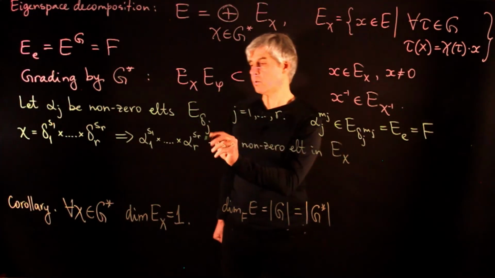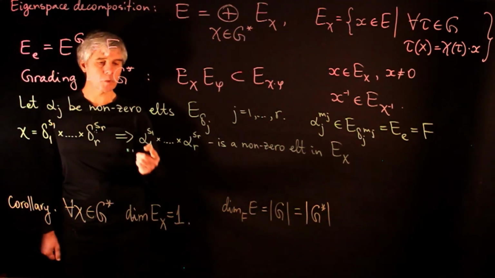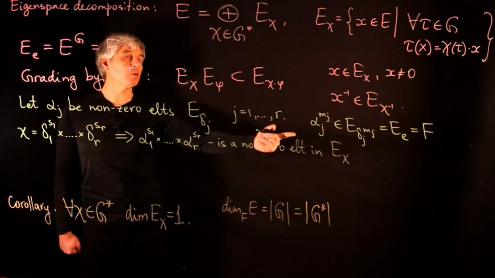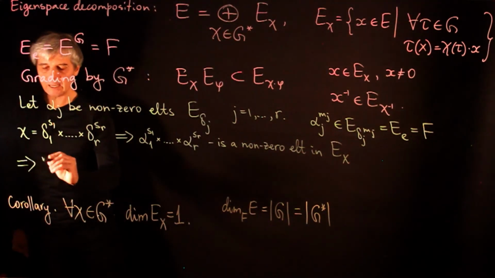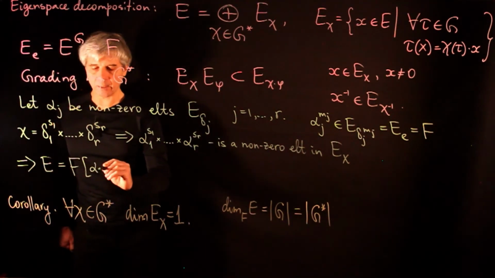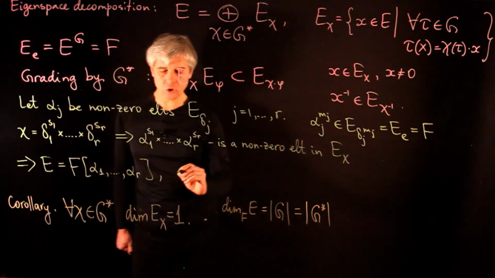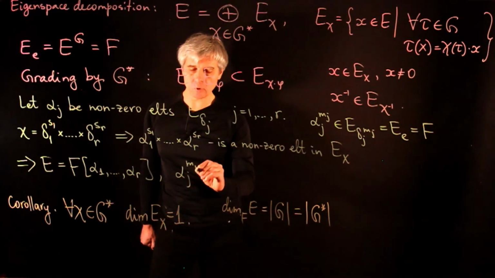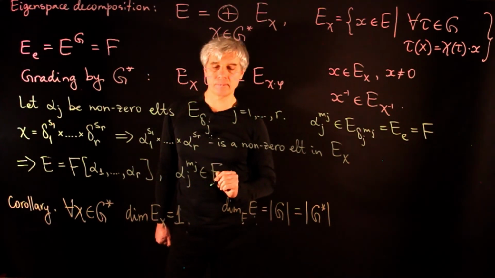And this is non-zero because the field has no divisors of 0. So since our alphas generate all the components in this decomposition, we conclude that E is the extension of F with elements alpha 1, ..., alpha r, and each alpha j to the power mj belongs to F. And that's precisely the claim of the theorem.